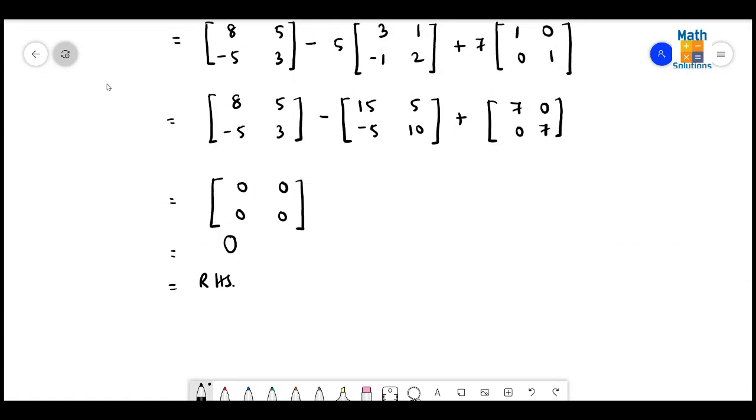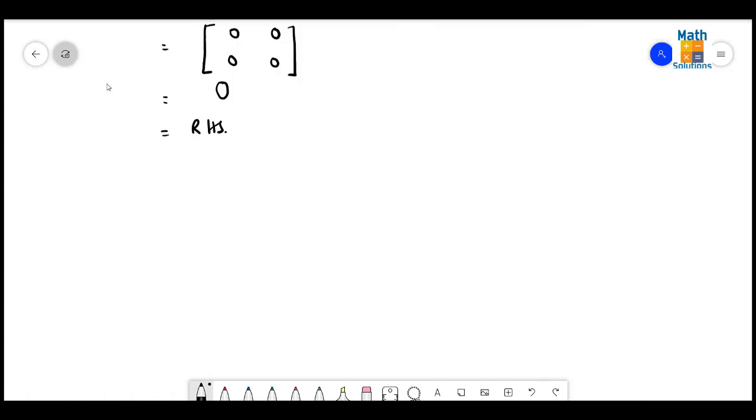Now coming to the second part of this question, there is a technique of solving the second part of this question, and that is what? Second part is what? To find A inverse. So we shall try to find out A inverse from this expression given.